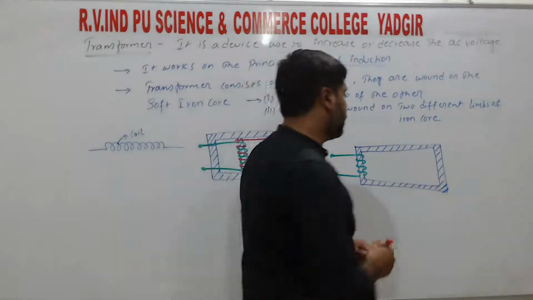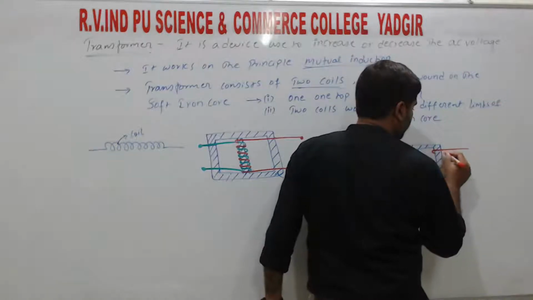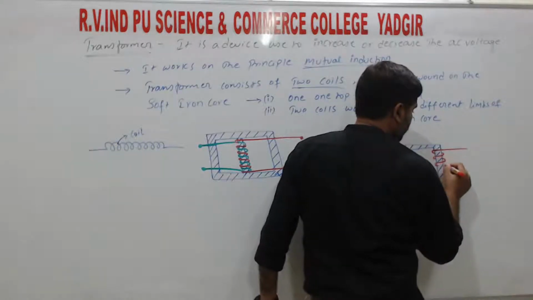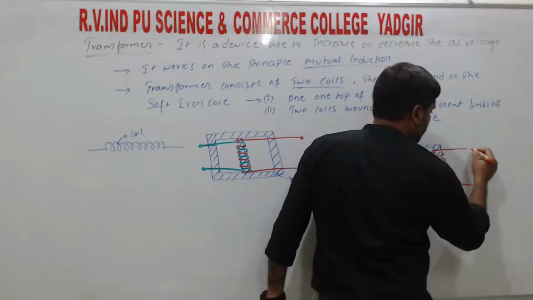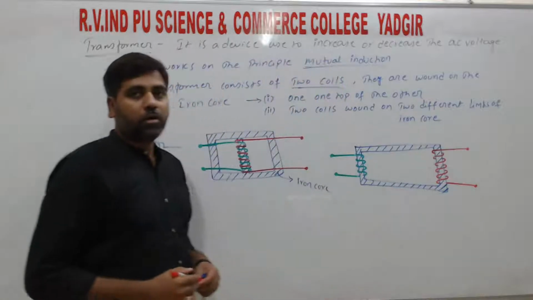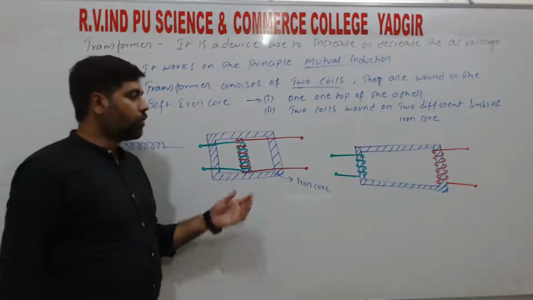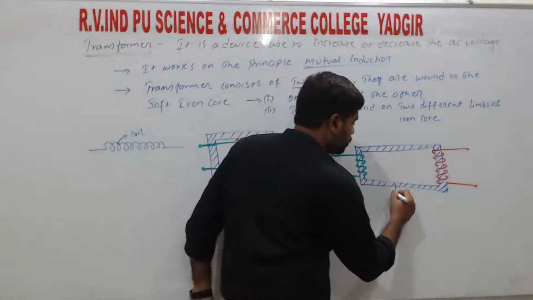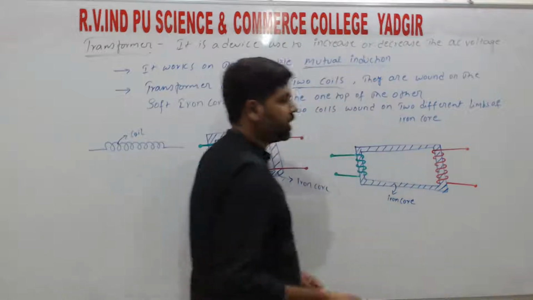So on the other limb we are winding another coil. So these are the two coils which we can wind on the soft iron core. So this is also called an iron core, right?